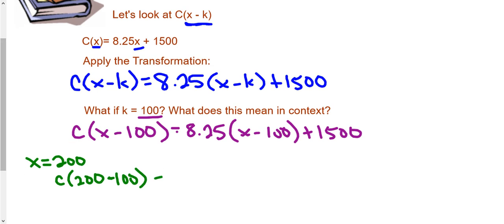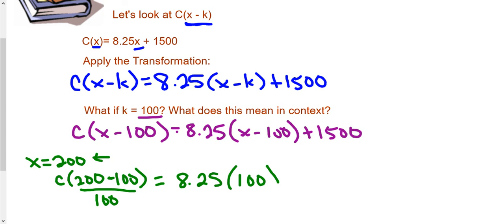So when I put that into my equation, let's go ahead and simplify this. This 200 minus 100, that gives me just 100 books that I'm actually plugging into my equation, even though I'm printing 200. So the cost to print 200 books is going to be $8.25 times only 100 plus the 1,500 to run my company.